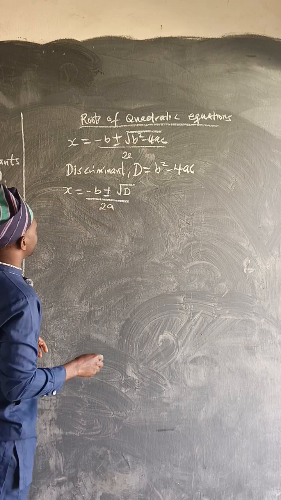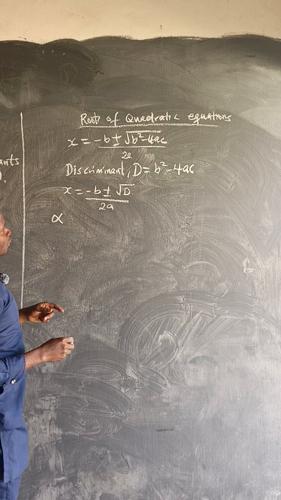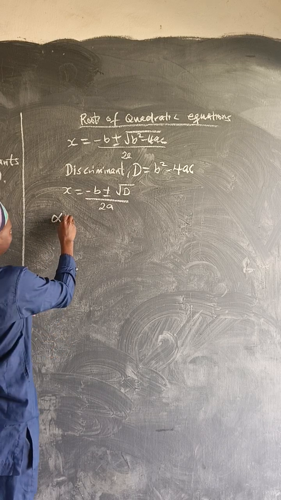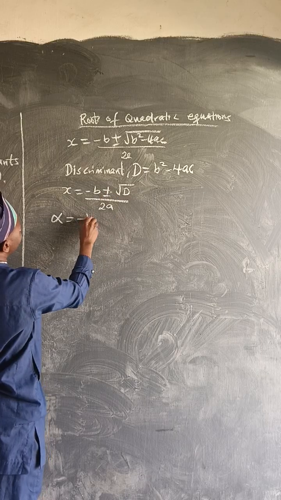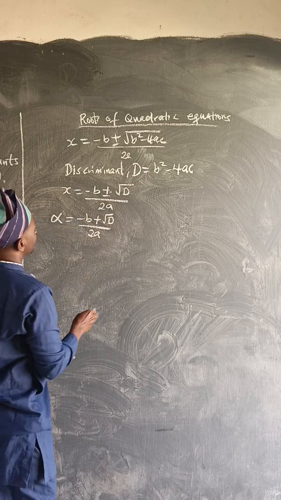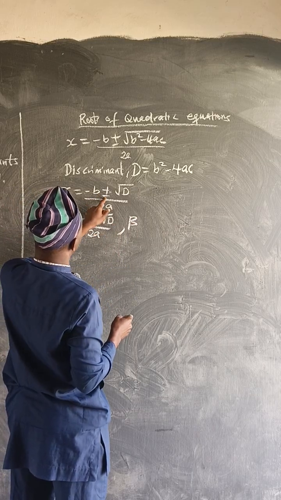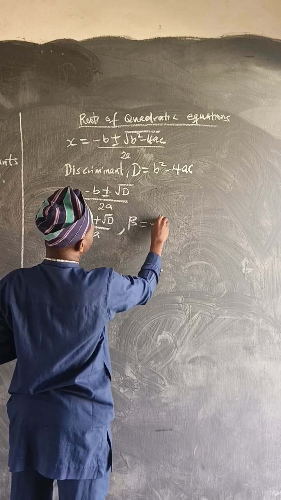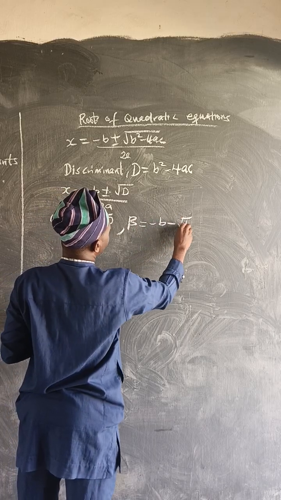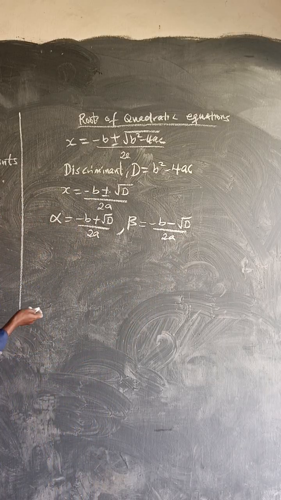Let alpha be the first root of the quadratic equation. So alpha will take the plus sign: alpha equals minus b plus root D divided by 2a. Beta will take the minus sign: beta equals minus b minus square root of D divided by 2a.